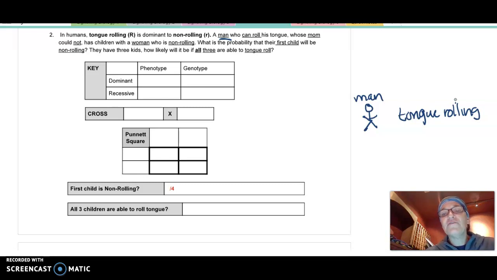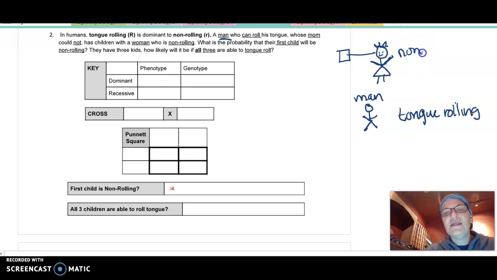And so how you figure out his genotype is you look at his parents. So we don't know his dad, but we know his mom. Happy little lady. His mom could not roll, so she is non-rolling. So what you're going to want to do here is figure out her genotype.